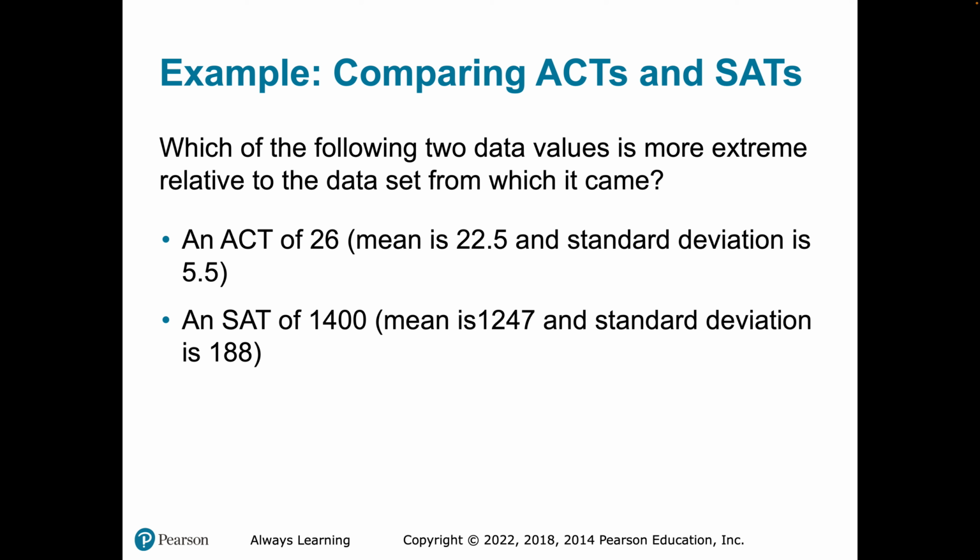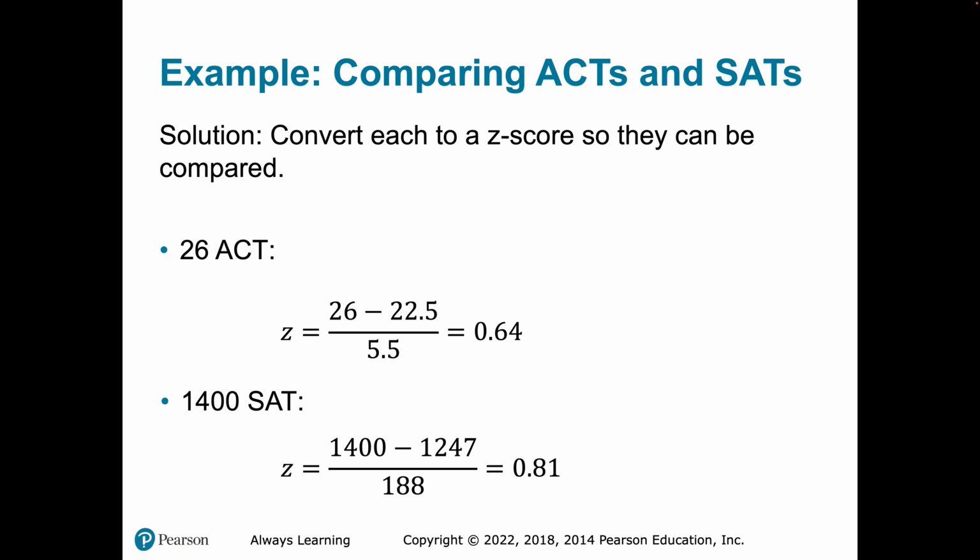from different distributions. Let's say that we have an ACT of 26. Let's say the mean this particular year was 22.5 with a standard deviation of 5.5. Let's say someone else took the SAT and scored 1400. The mean that year was 1247 with a standard deviation of 188. Who scored the highest?